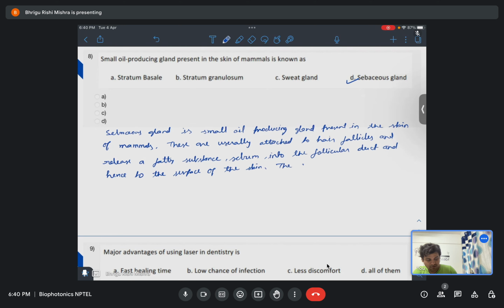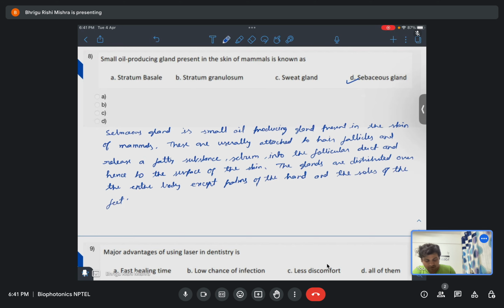The glands are distributed over the entire body except the palms of the hand and the soles of the feet.